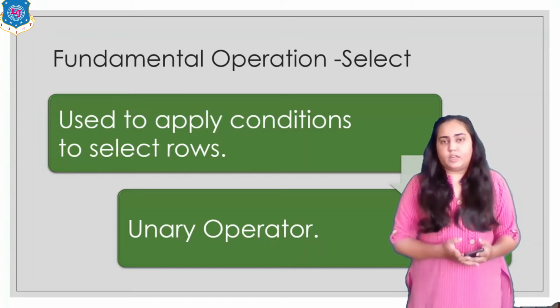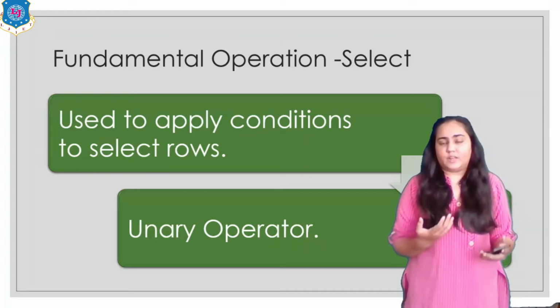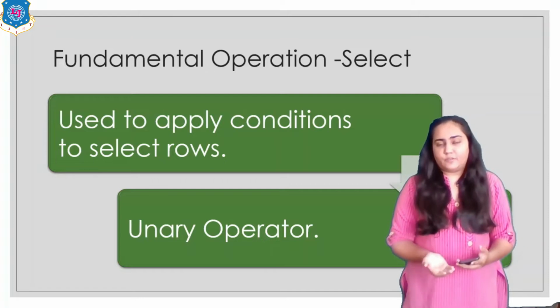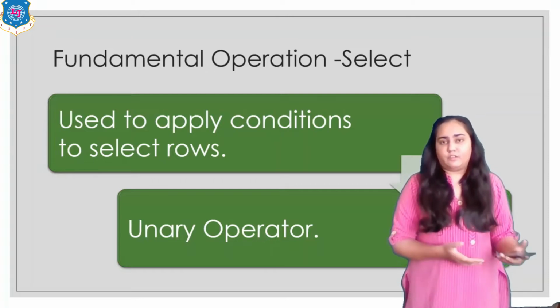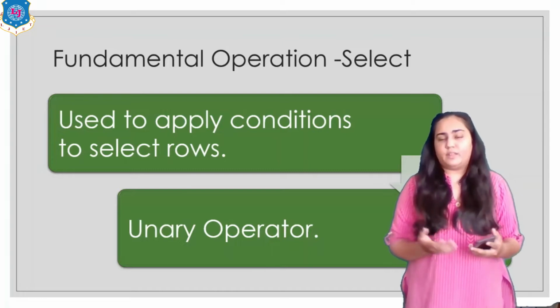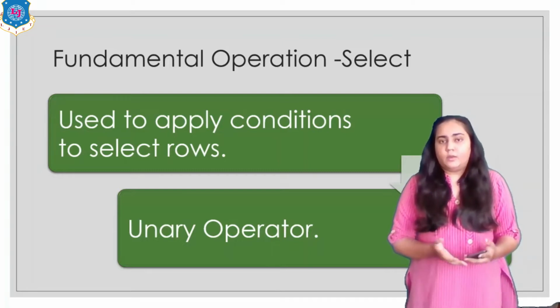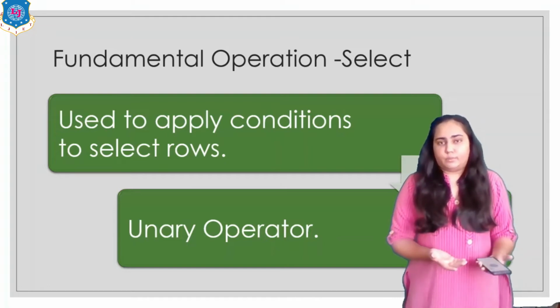For example, if I want to take the modulus of a number, that means give the absolute value of a number, then I only need to pass one number. If I give -5, I get 5. If I give 5, I get 5 as a result. But if I want to add, multiply, subtract, or divide, I need to provide 2 numbers.